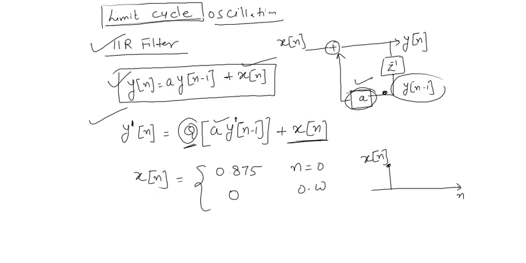Now let's take x of n like this, where x of n is defined at n equals 0, and the value at n equals 0 is 0.875, and for other n's it is simply 0, right?